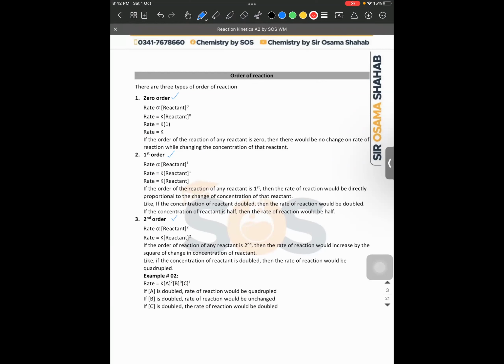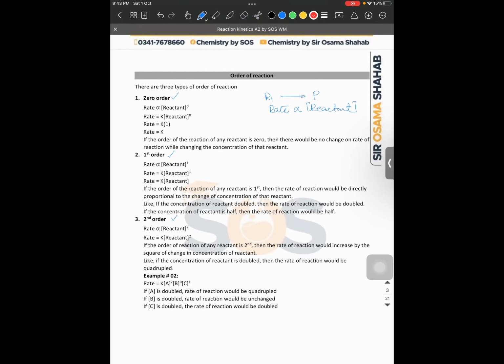Right? If you talk about zero order, just look at over here. For example, there is a reaction, reactant 1, or I'm just writing over here, reactant 1 forming product, right? For example, like this. So I am saying that the rate of reaction is directly proportional to the reactant, right? Whatever the reactant, right?